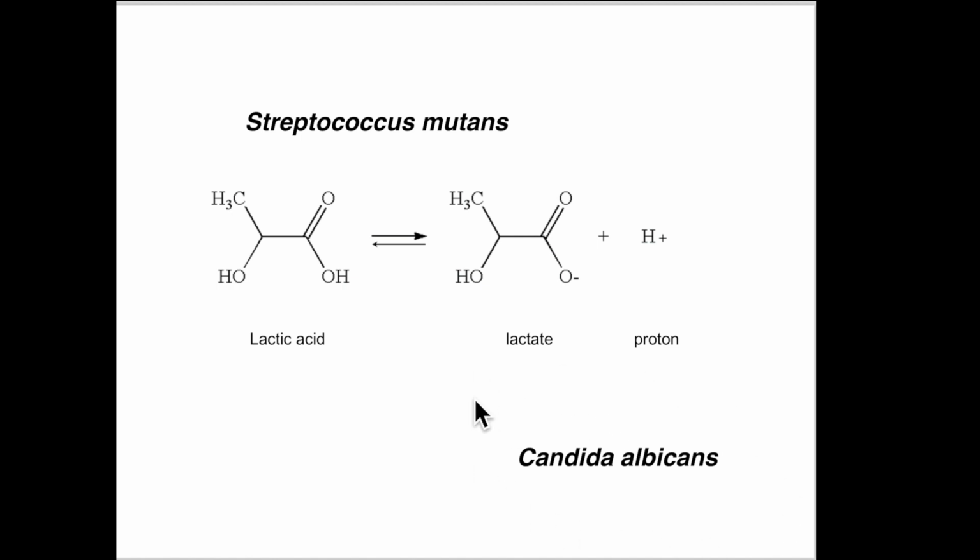It's really ecology: Streptococcus mutans takes in sugars from what you're eating and converts them to lactic acid. The acid can drill into your teeth, and the lactate can be used by Candida albicans not only as an energy source, but it's also known to influence how Candida albicans grows.